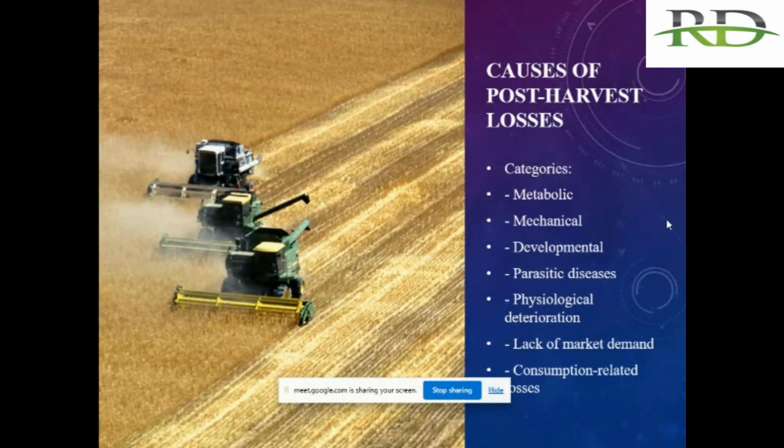And the physiological deterioration is like this: the fruit physiology, the TSS of the fruit, deteriorates. And then the lack of market demand. Market demand is like this: this is the time of mango, Malda, or you can say Malika variety and Amrapali variety.